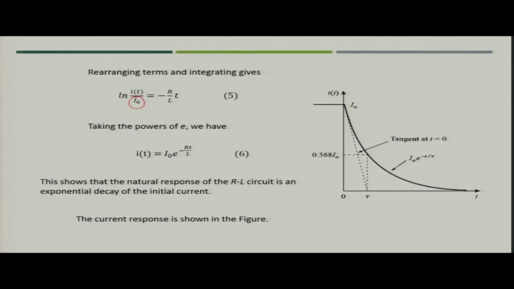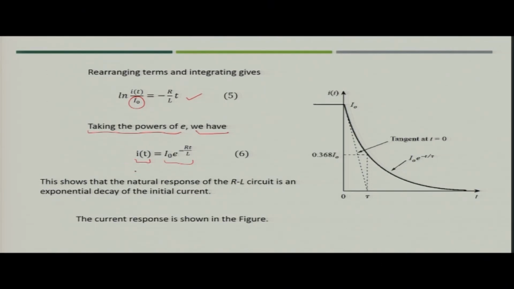This becomes ln of I divided by I naught equal to minus R by L t. Next, we have to take the powers of e on both sides, and we get the current, which is a function of t, as I naught into e to the power minus R t by L.